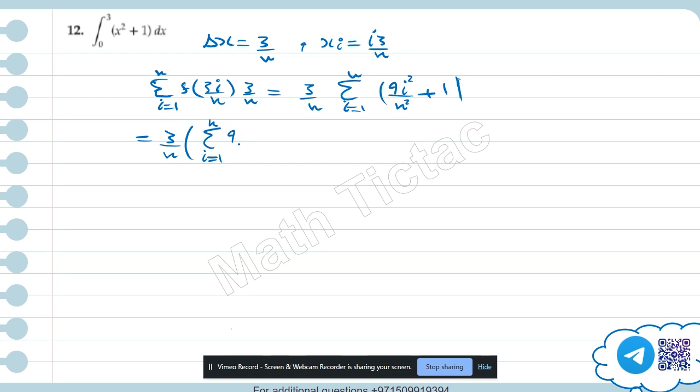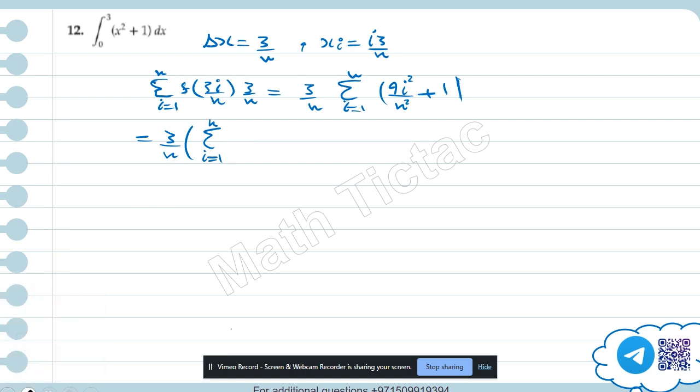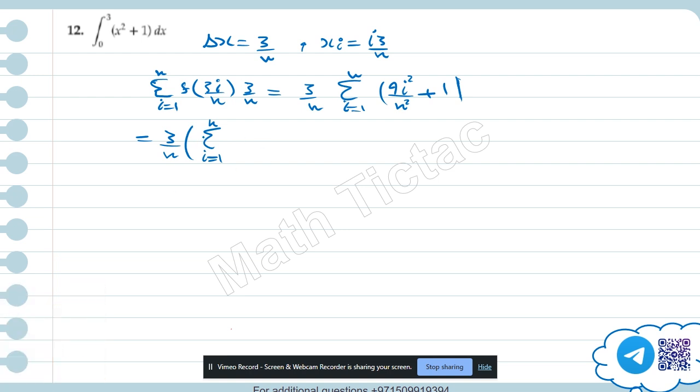So now let's factorize this. 3 over n multiplied by 9 over n squared multiplied by n times n plus 1 times 2n plus 1 over 6, then plus 1 multiplied by n.